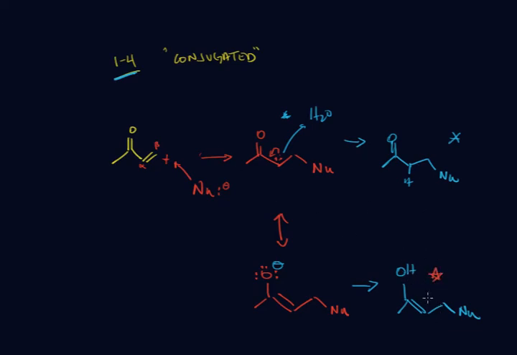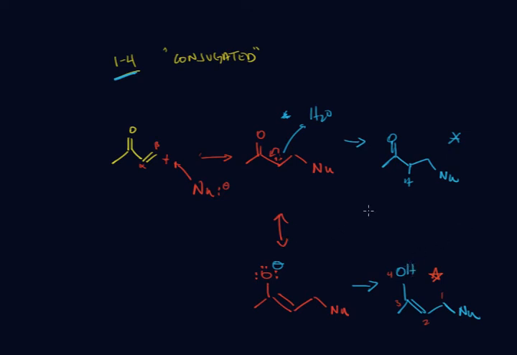The reason it gets that 1,4 name is actually from this example down here, and that's a little bit confusing. But what it's saying is that the nucleophile added to this carbon right here, and then 2, 3, 4. The atom, which happens to be oxygen in this spot, that's 4 spots away, was where the hydrogen added. So you had the nucleophile add to the 1 and the hydrogen add to the 4.